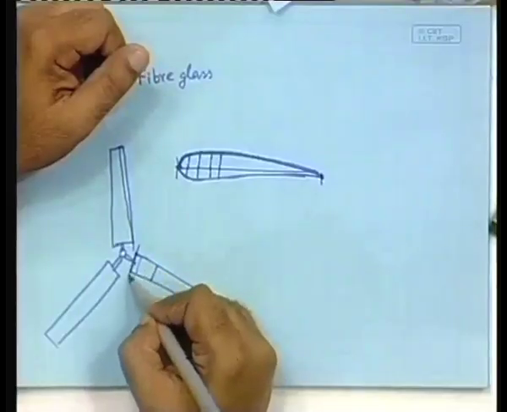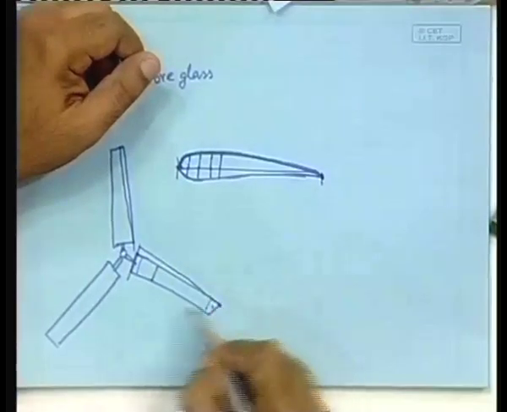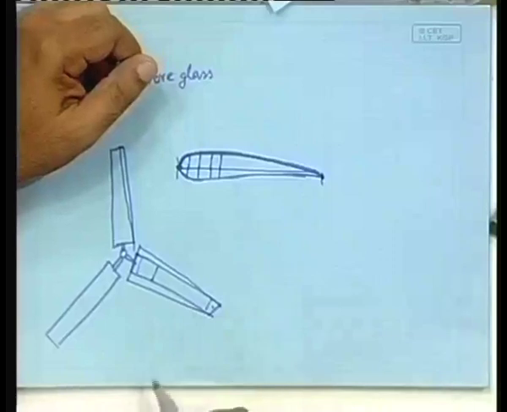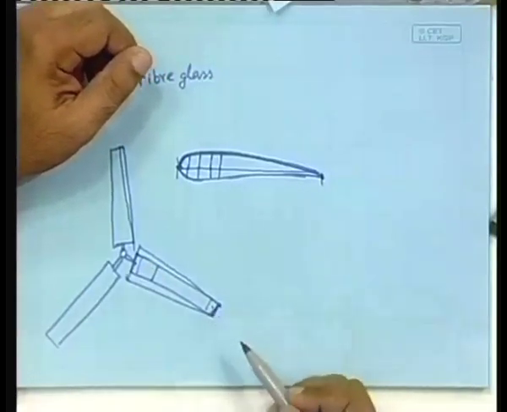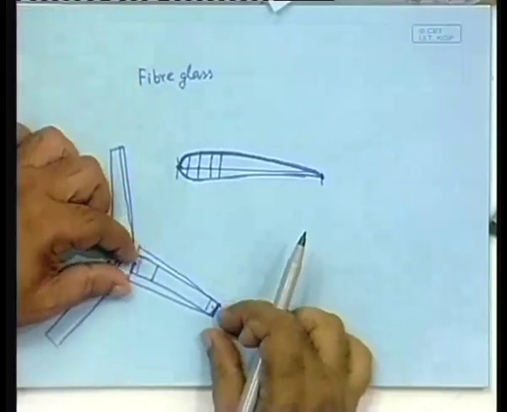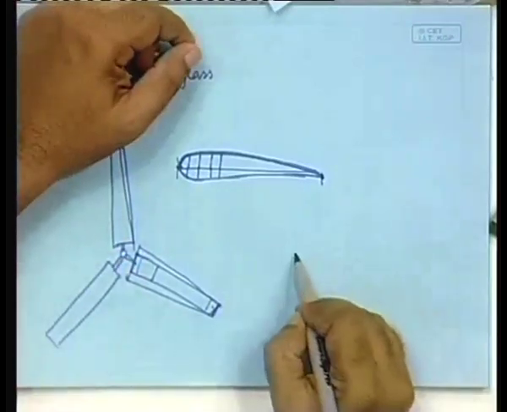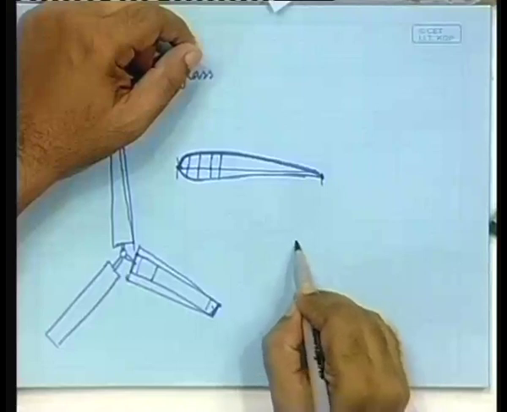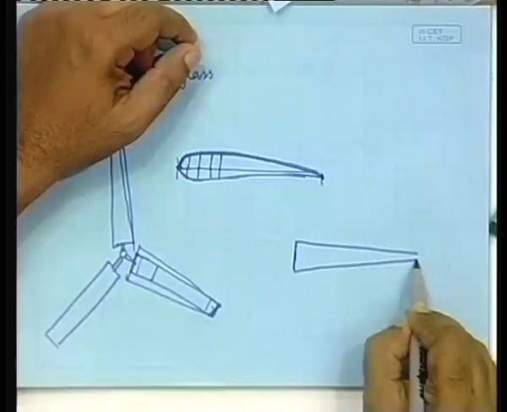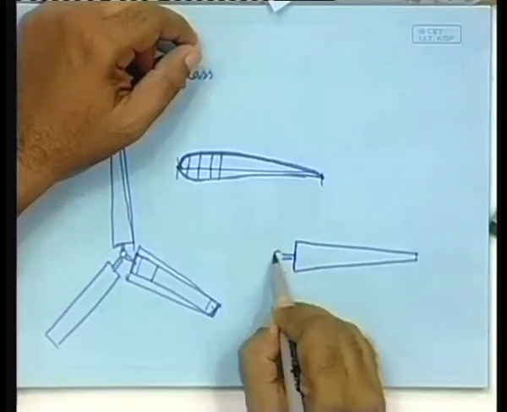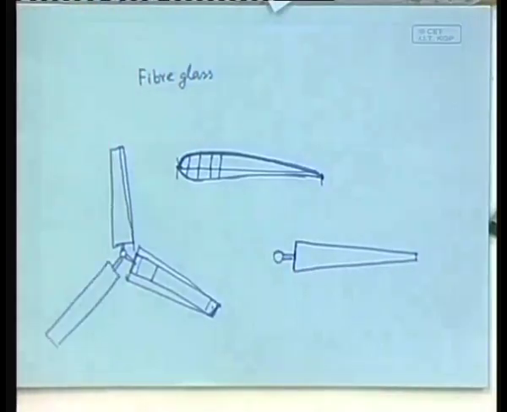So, normally you have to put a larger cross section, larger chord in the inner edge and a smaller cross section in the outer edge, otherwise it should have a taper. So, normally a blade should look like this. It should have a taper.